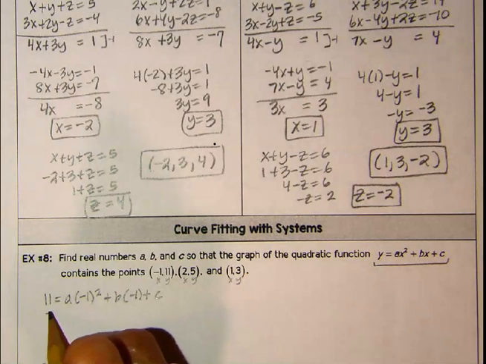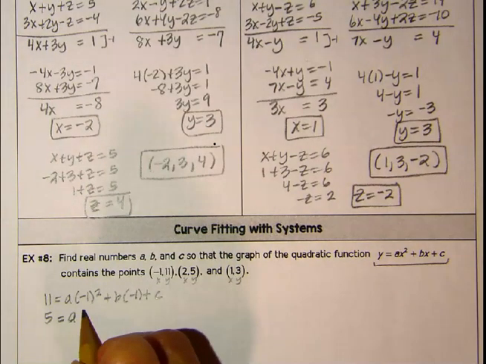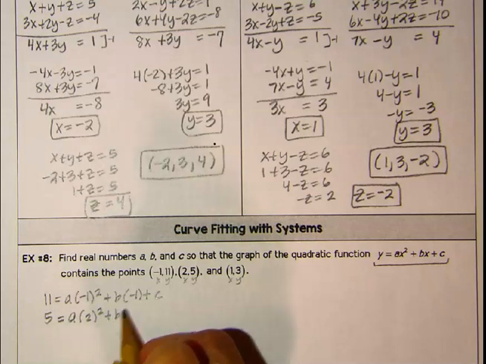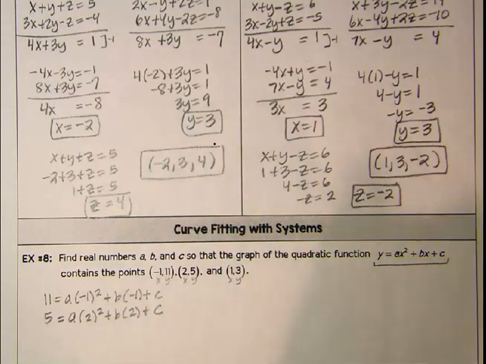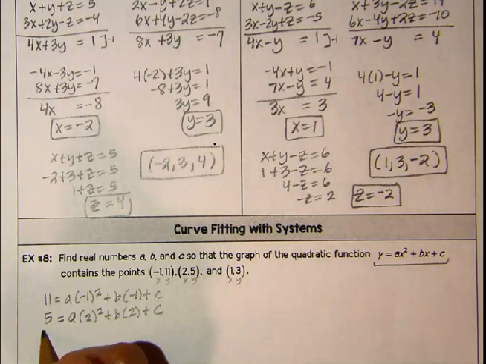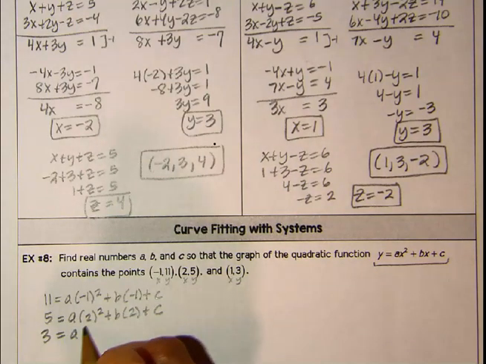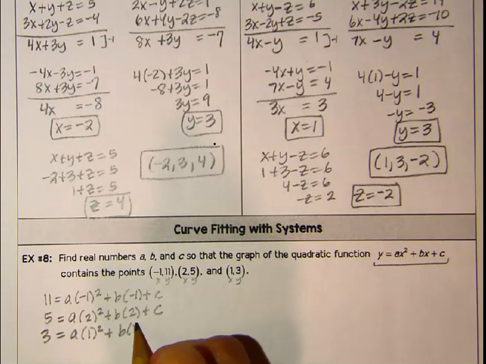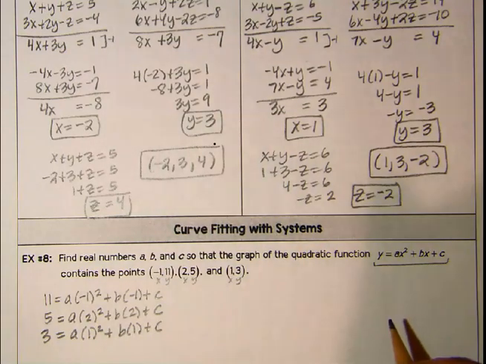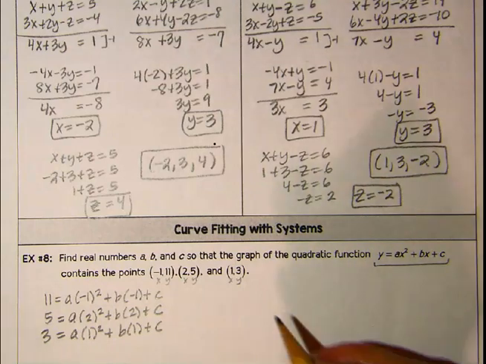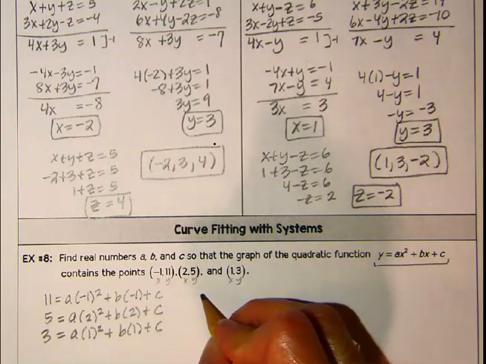Then the second point, that would be 5 equal to a times x squared plus b times x plus c. And then the last one would be 3 equal to a times x squared plus b times x plus c.